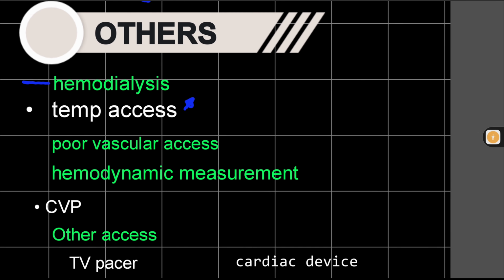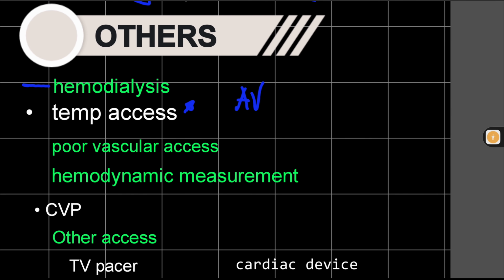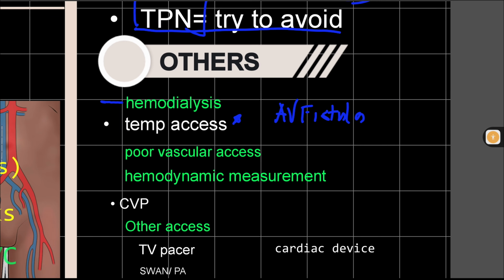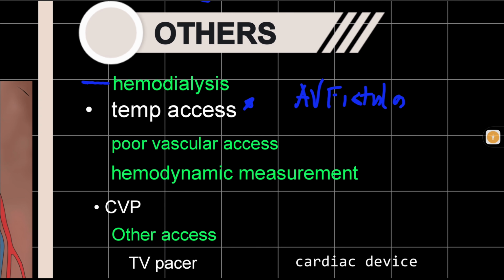We're not talking about AV fistula. This is different from your AV fistula. We're talking about your central line. Now this is temporary access, which will be removed right after the dialysis session is completed, or the CRRT is completed and no longer indicated.